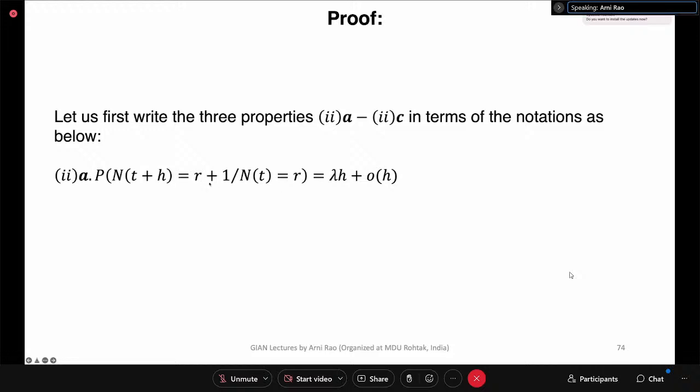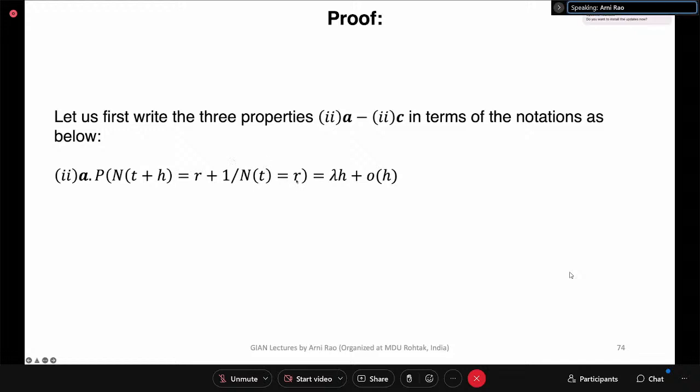One event, R to R plus 1. So here, what is R? In terms of the state space, R is a state, and T is a time.